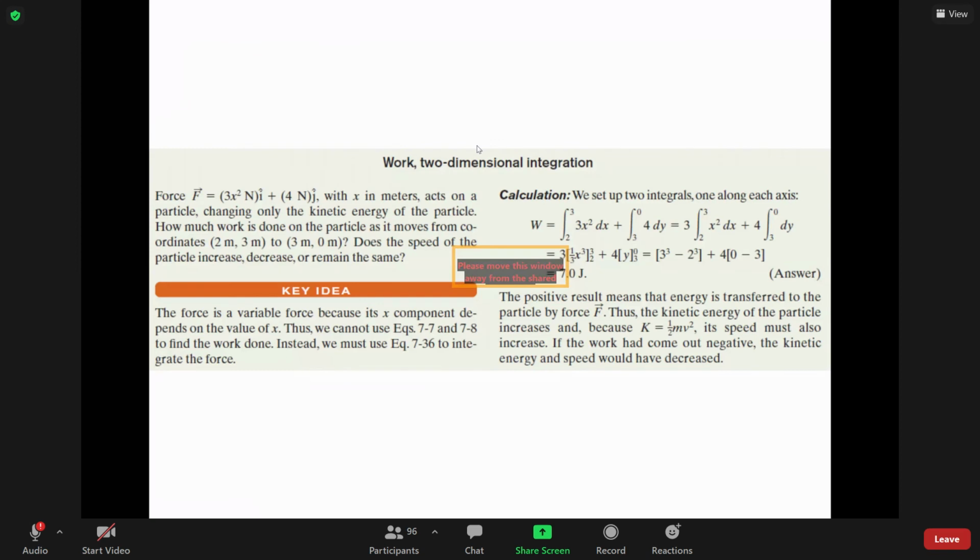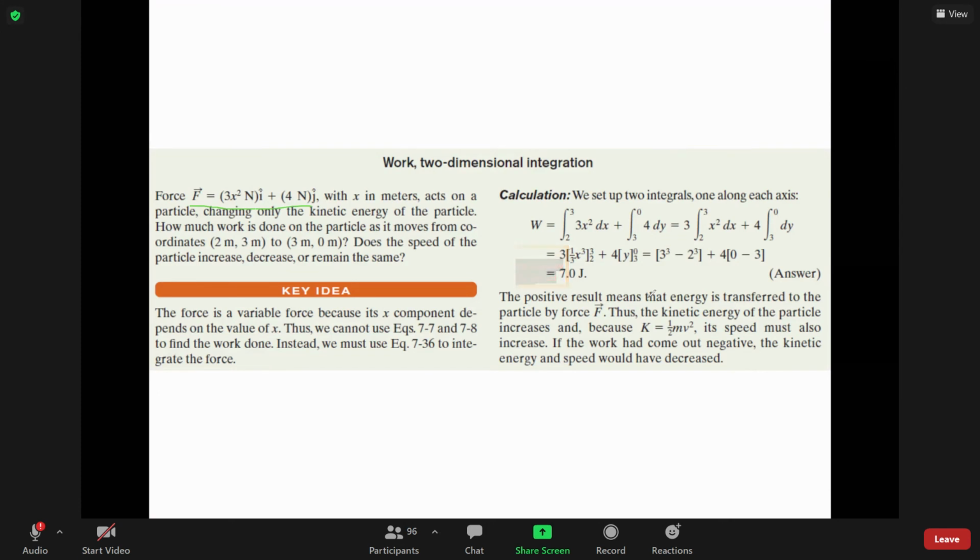This example said, if you have a force 3x squared plus 4 N j hat. سؤال للجميع على الشات. Is this force constant or variable? Yes, of course variable. الجميع لازم يعرف انها variable. Why? لانه في عندي x variable. It's not a number. لكن حسألك ال y component of that force, is it constant or variable? ال y component is a constant.